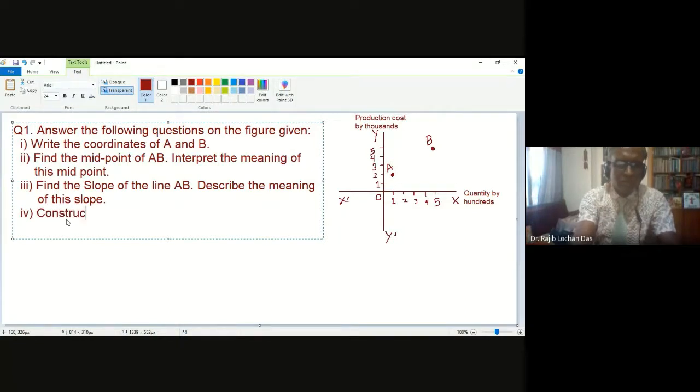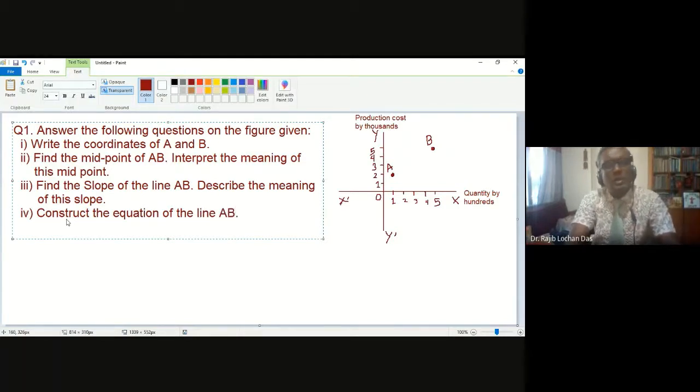Construct the equation of the line AB. Just construct the equation.